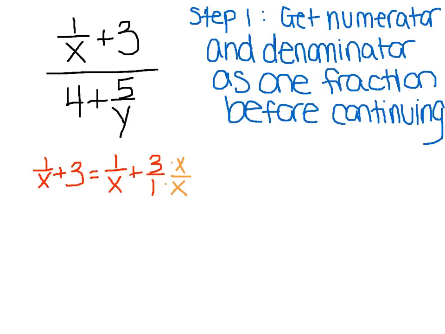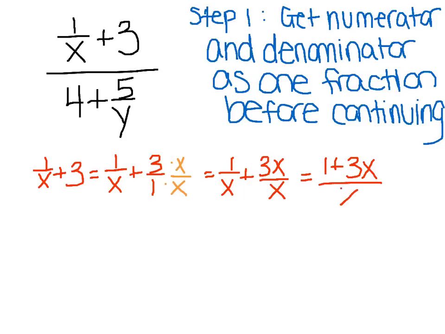And that's going to allow us to have 1 over x plus 3x over x. And if you add that, we have 1 plus 3x over x. So now you can see that our numerator is one fraction.